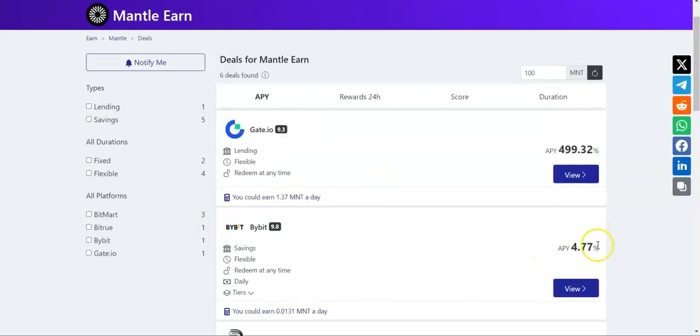Here they have 4.77 if you don't want to participate in the launch pool. But I can say that the launch pools will get you the quickest money. And you can reinvest that into MNT later. So it makes sense to do it. And then after the launch pools are finished, put it into staking. And remember, guys, this is flexible. But it's totally up to you what you do with your money.